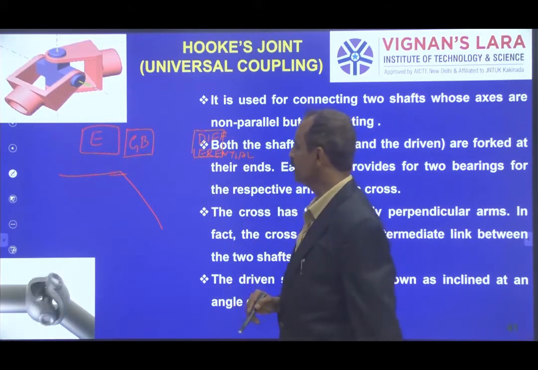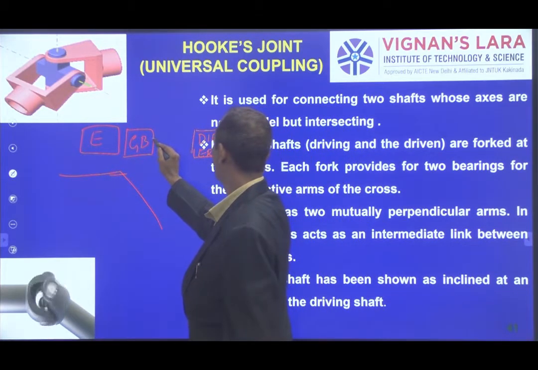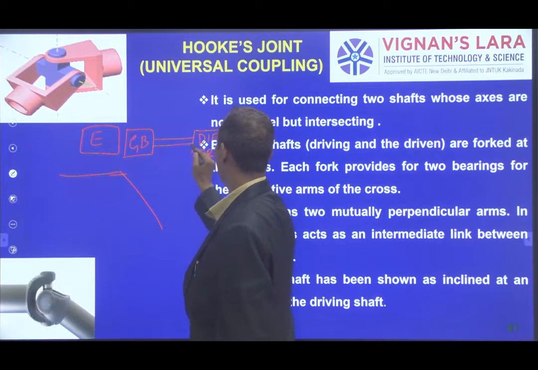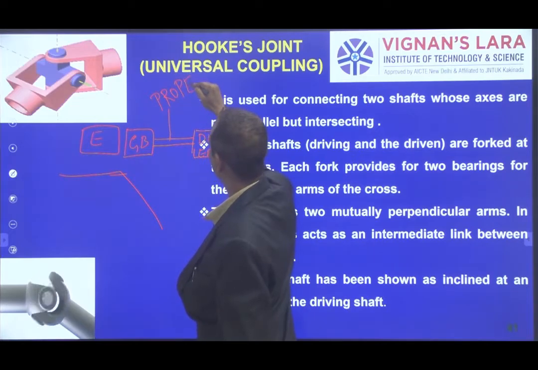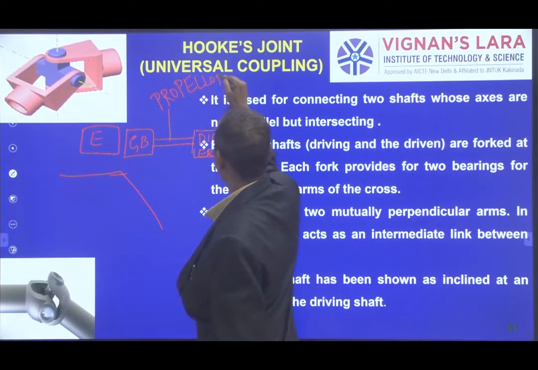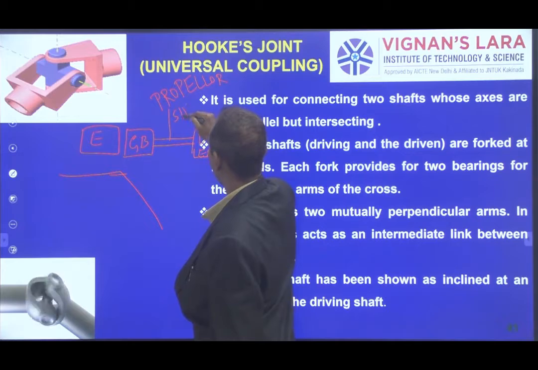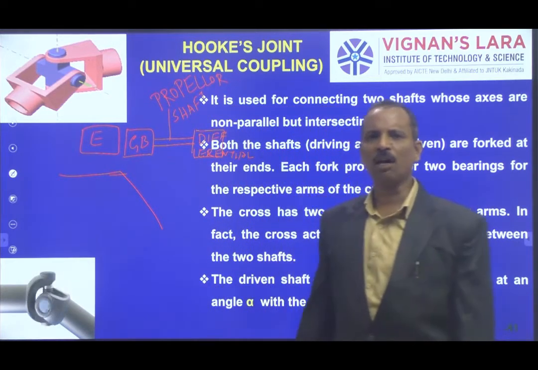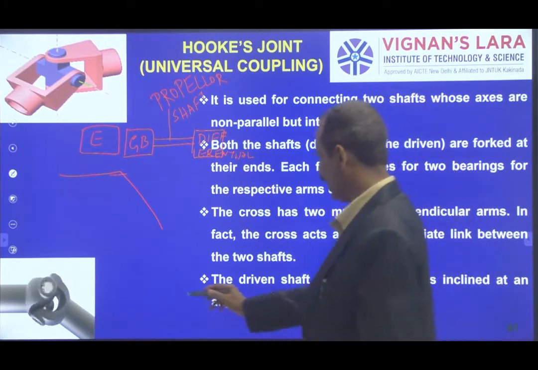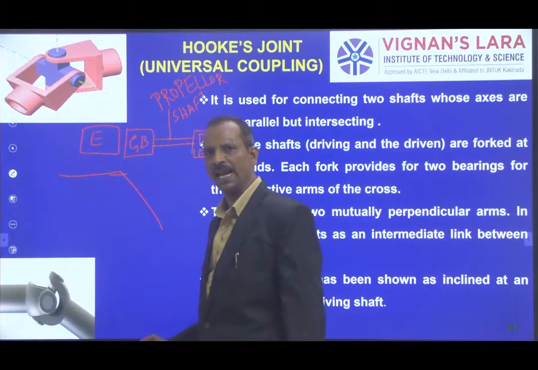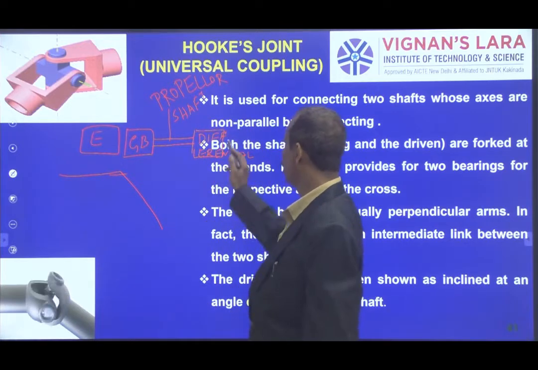This gearbox is connected to the differential by means of a shaft called the propeller shaft, a long shaft around 1.5 meters to 2 meters long. A slant one like this, which is coupled to the differential.